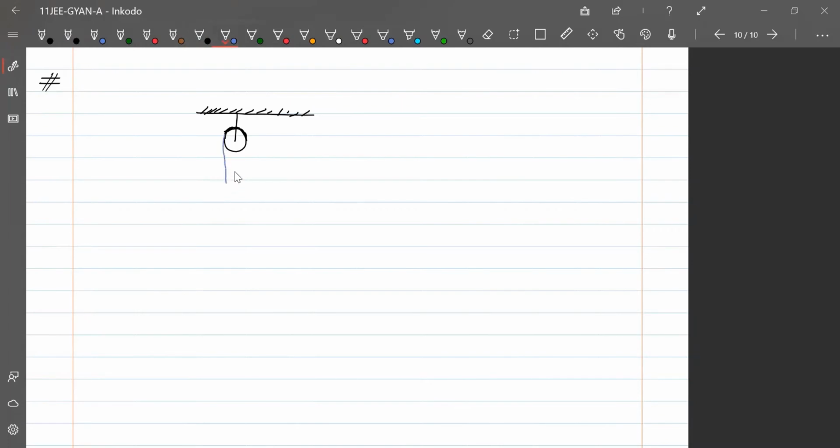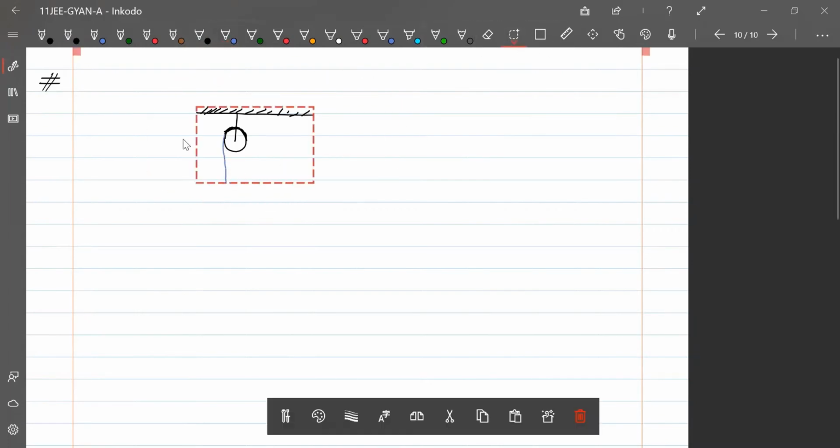There's a rope going over it. Fixed pulley move नहीं कर सकता. So that's why it is called a fixed pulley. And on the fixed pulley side, the first mass, call it mass m1.